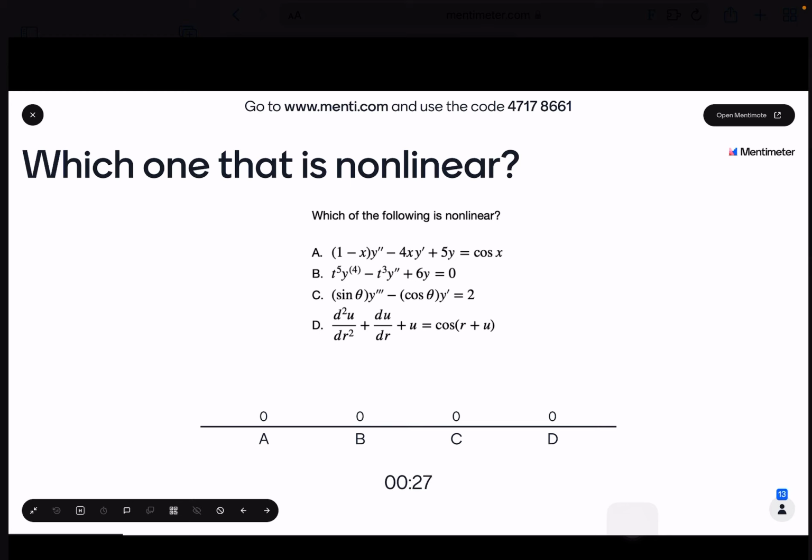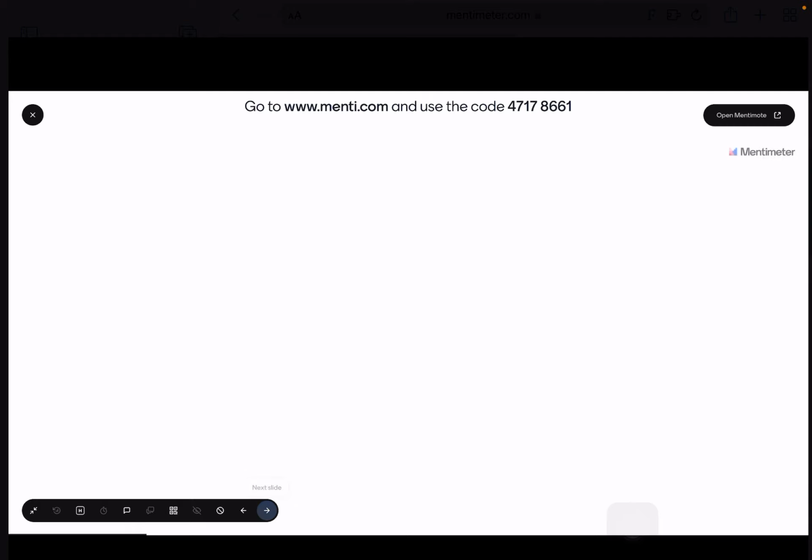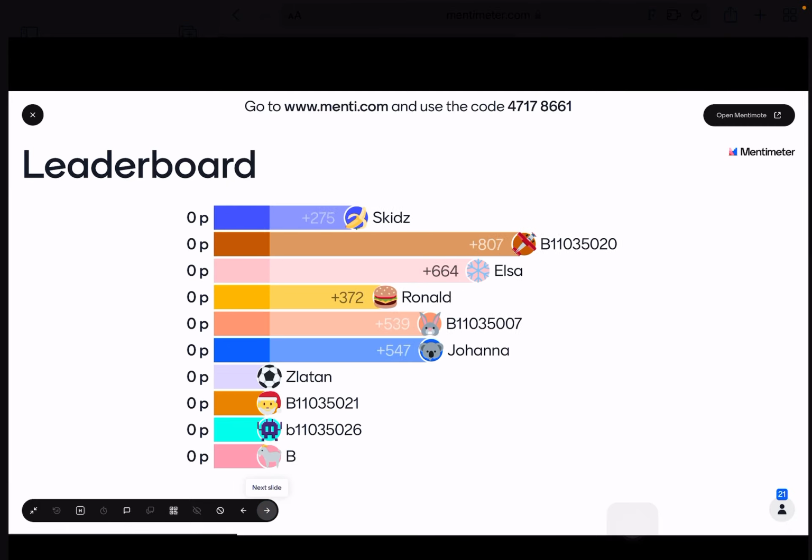Anyway, if you get it wrong, that's okay. Remember that the focus is the y, or the dependent variable, not the independent one.